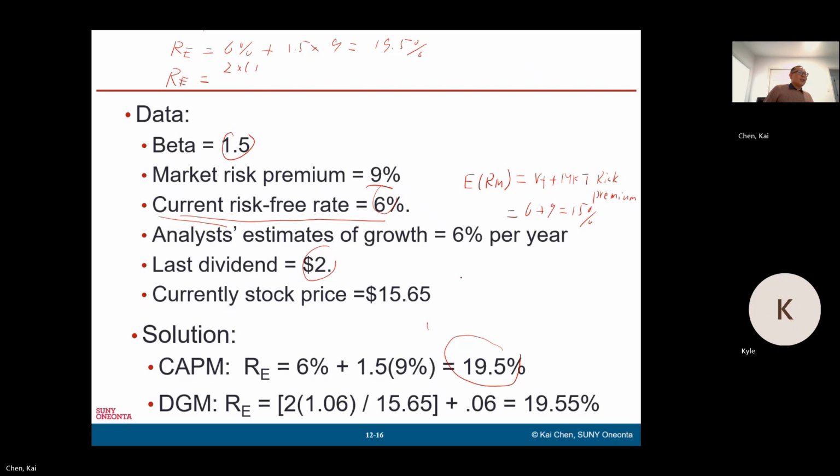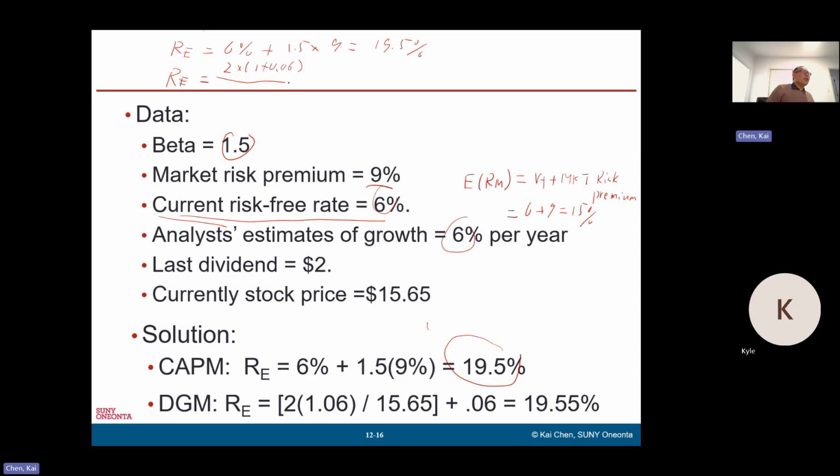G is 6%, but be careful, in this case we have to use the decimal, 0.06. So the numerator is dividend zero times 1 plus g, that is 2 times 1.06.